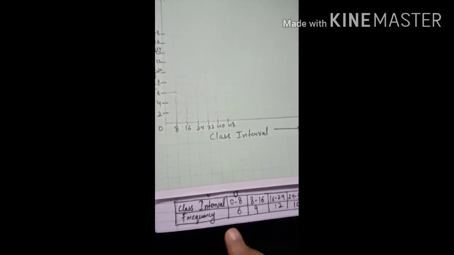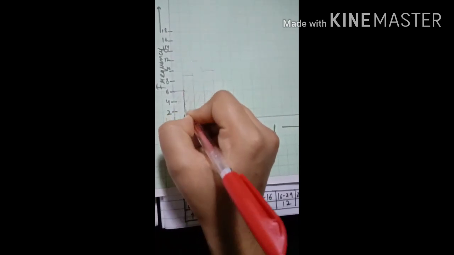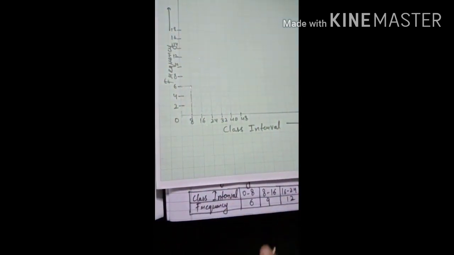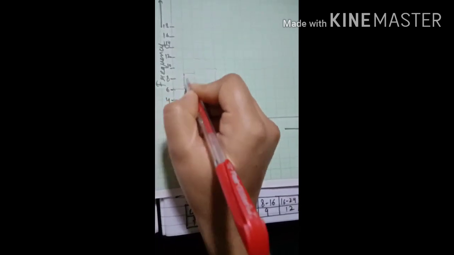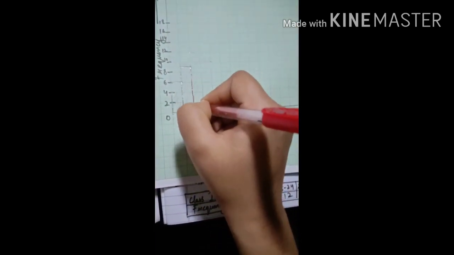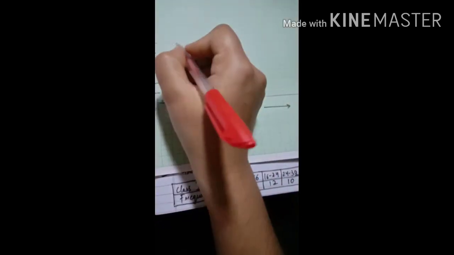Now in the question we have 0 to 8, 6. We mark 6 here, and continuously we have to draw the rectangles accordingly. Here 8 to 16 we have 9, so 9 will be here. Draw the rectangle properly with the use of a scale. Then 16 to 24 we have 12.